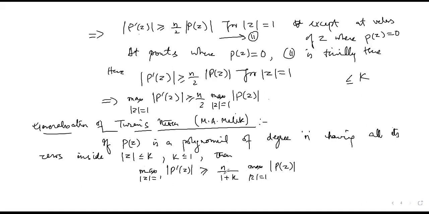Of course, अगर k को 1 put करें तो we will get the Turan answer. The result is sharp. Again, that is a home assignment.